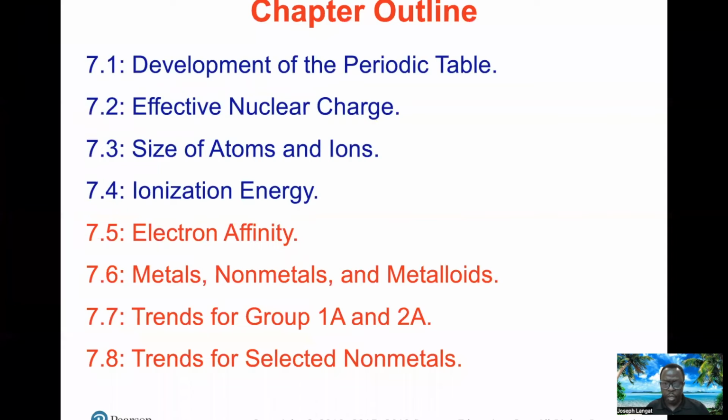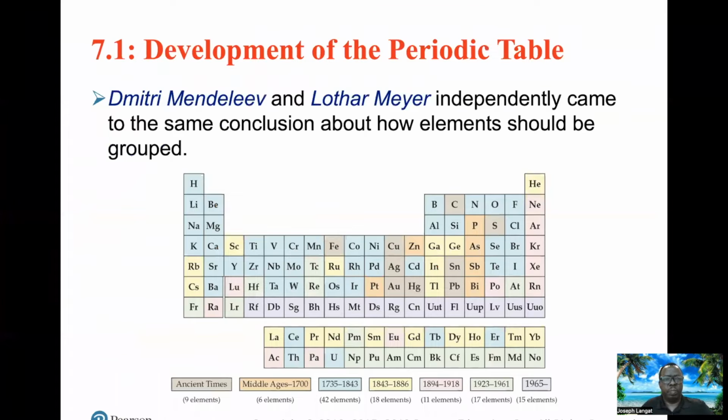Now, 7.1, the periodic table, the way it is right now, was not the way it was in the early 17th century to late 18th century.